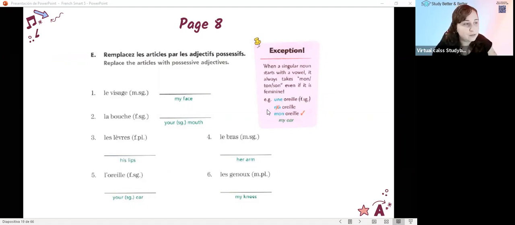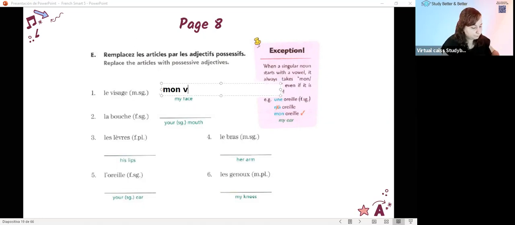My ear. Okay, so here, for example, we have le visage, that is the face. If I want to say here, for example, my face, exactly, I'm going to say mon visage, like this. Because it's le visage and it's mine.